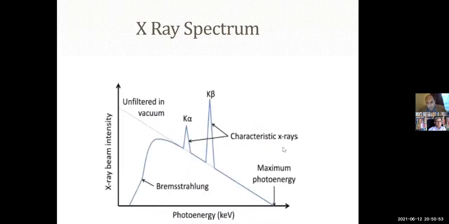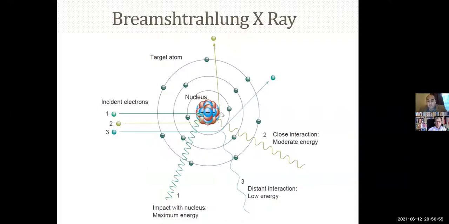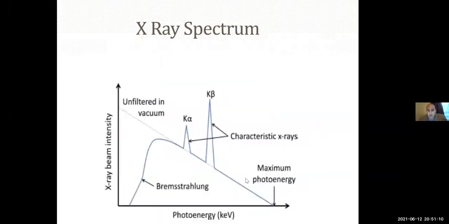So now, the probability of getting photons with moderate energy is not very high, but it is not as low as for maximum energy. Most photons are found in the region of half to a third of the maximum energy.